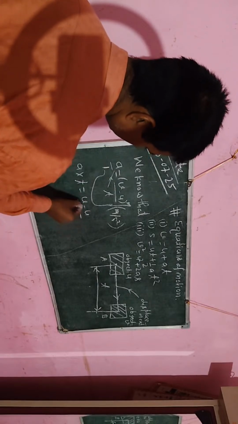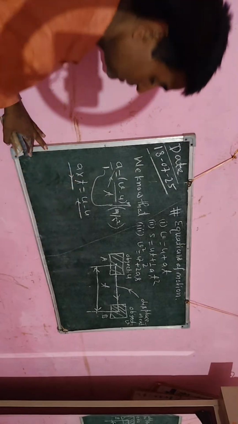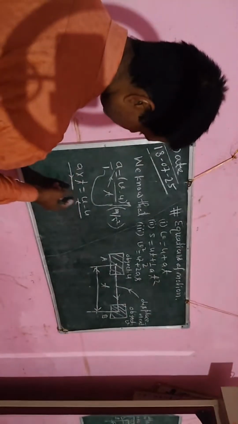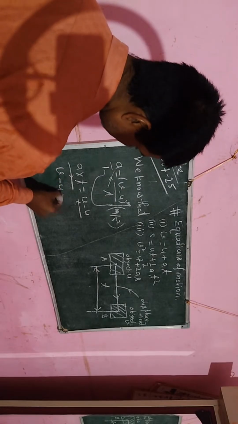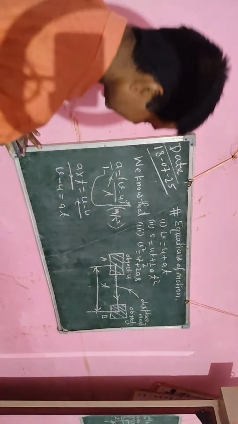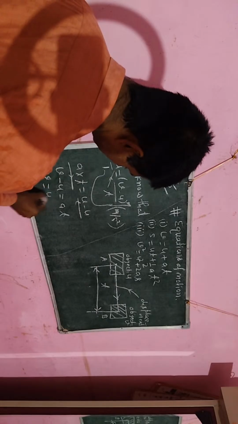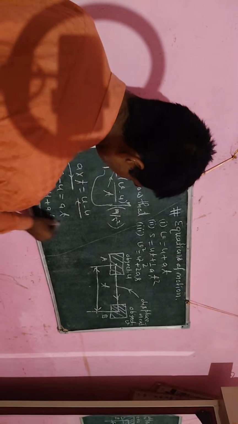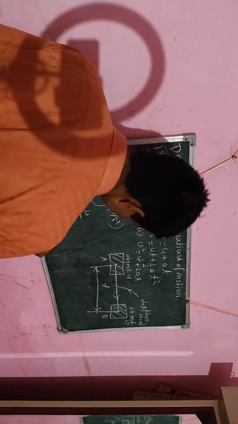Now this value I will put on the left hand side, and this value on the right hand side, so there will be no change in my expression. So v minus u is equal to a into t. Now u I am going to keep on the right hand side, and on the left hand side I will put v. So v is equal to u plus at. So equation number 1 is proved in this way. Hence proved.